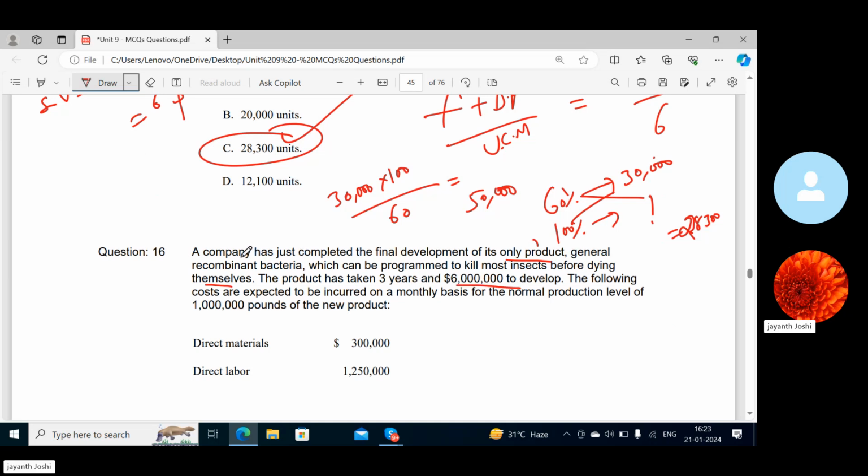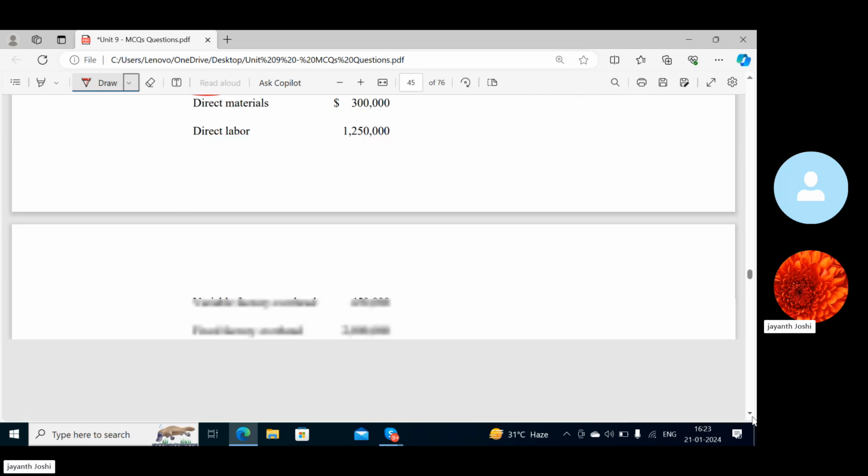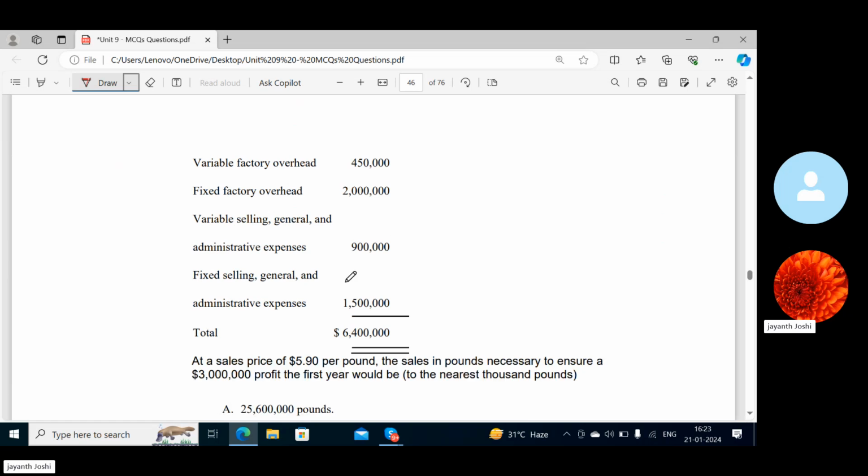The following costs are expected to be incurred on a monthly basis for the normal production level of this many pounds: direct material, direct labor, variable factory overhead, fixed factory overhead, variable selling, general and administrative expenses, and fixed selling, general and administrative expenses.